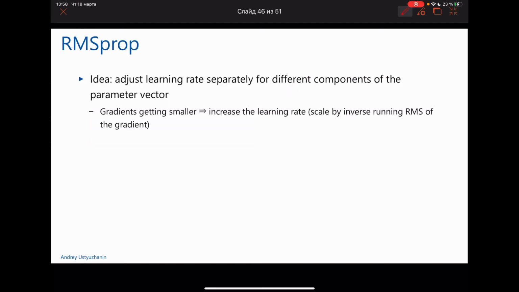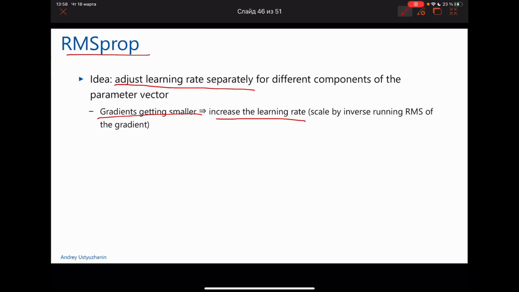Another extension of the gradient descent method is RMS prop. The idea is adjusting the learning rate separately for different components of the parameter vector. So if gradients are getting smaller, we can increase the learning rate.